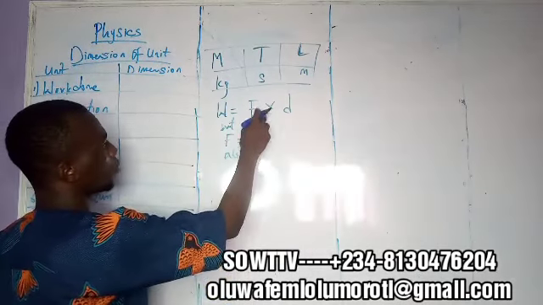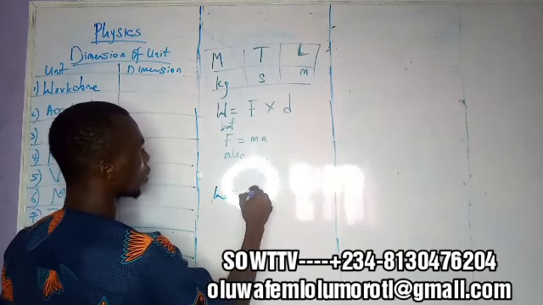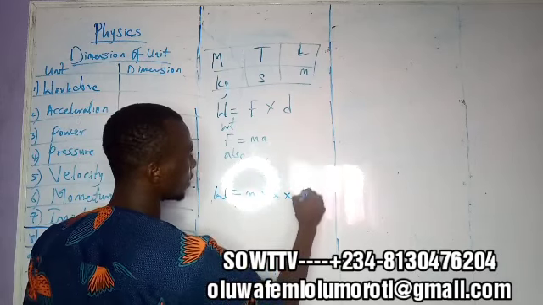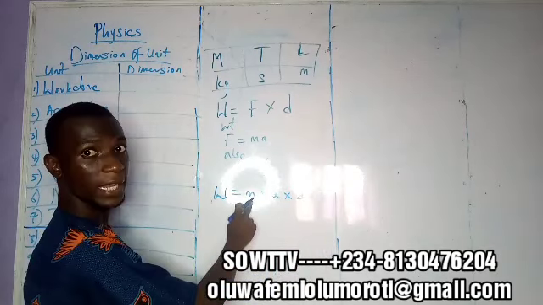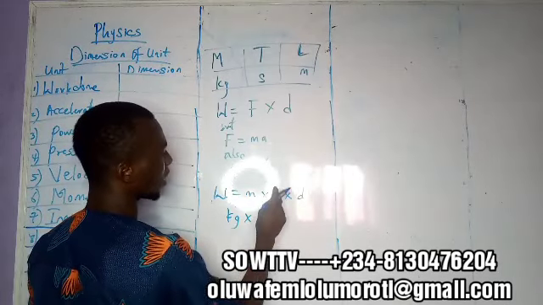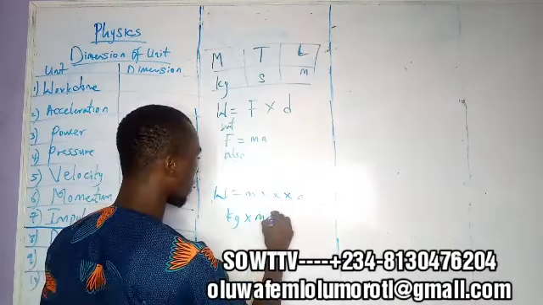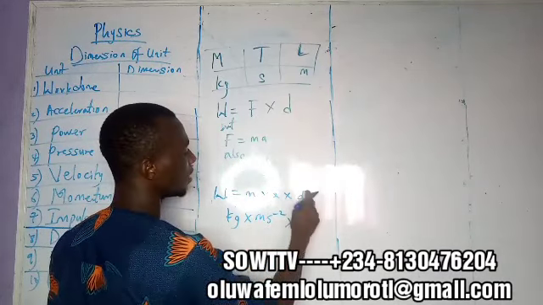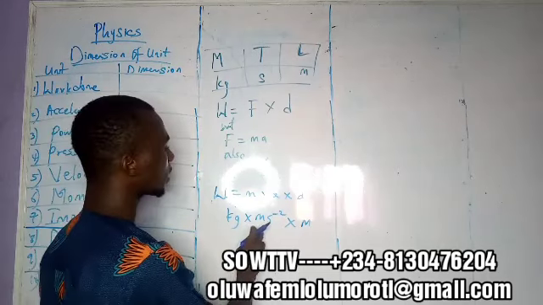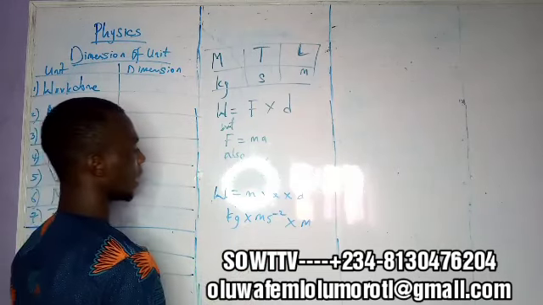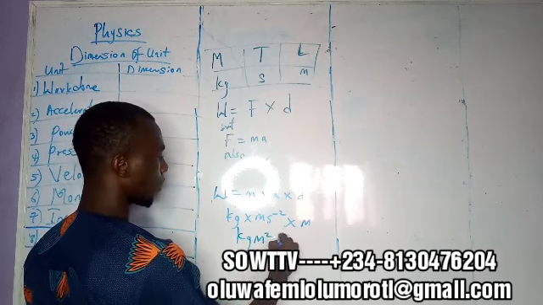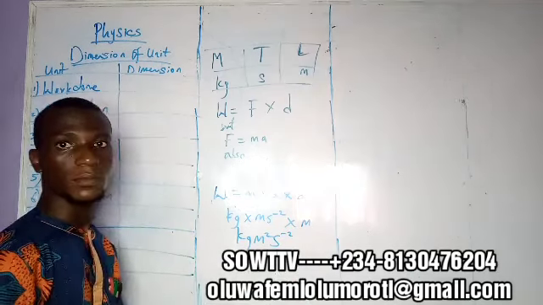If you now recap, work done equals mass times acceleration times distance. Mass is measured in kg, acceleration is meter per second square, and distance is measured in meter. So we have kg times m s^-2 times m, which gives us kg m^2 per second square.